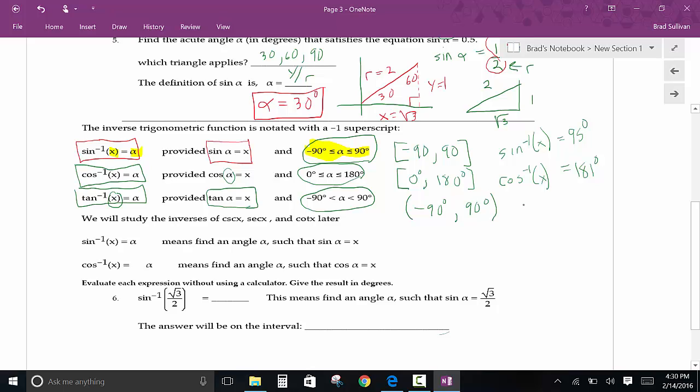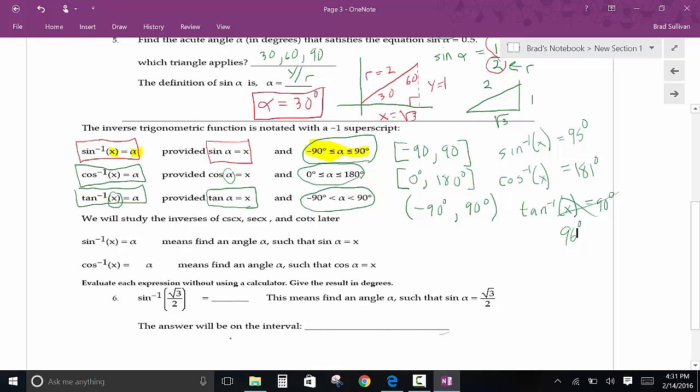So the idea is if I ask you for an inverse tangent of some value, you would never get 90. That's not defined, and you could not get something like 96 degrees. You can't be outside of that range. And again, we'll get to that a little bit later as we talk about graphing.